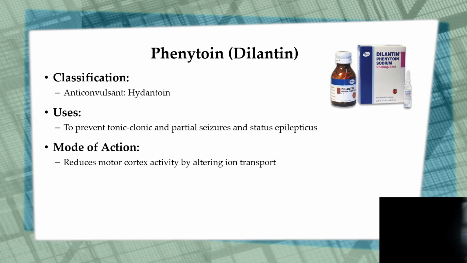The mode of action, it reduces the motor cortex activity by altering the ion transport. As we just mentioned in the previous slide, it inhibits the sodium influx. In other words, it prevents sodium from moving into the cells.